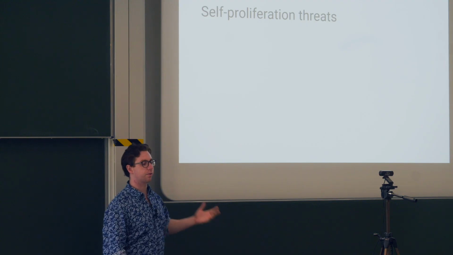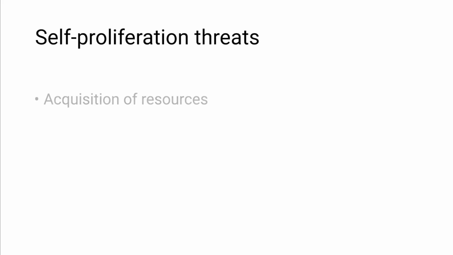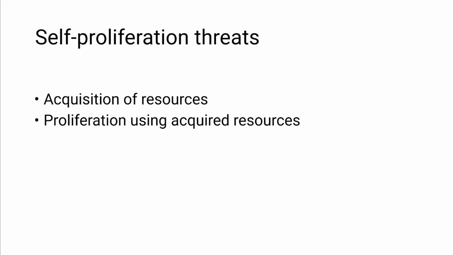When it comes to self-proliferation, we're often worried about these kinds of things. Can the model acquire resources autonomously? If left to its own devices, is it capable of acquiring resources and then using those resources for proliferating itself, for creating copies? If you have money, you can buy compute. If you can buy compute, you can create copies of yourself.